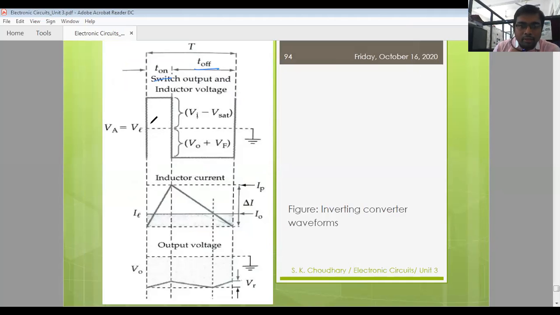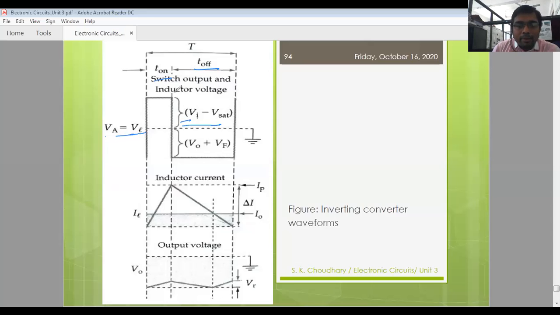When Q1 is on, the voltage across the inductor is Vi minus Vz, as shown here. At that moment, the current across the inductor keeps increasing, so it is charging the inductor. At that moment, your voltage is rising in this way.